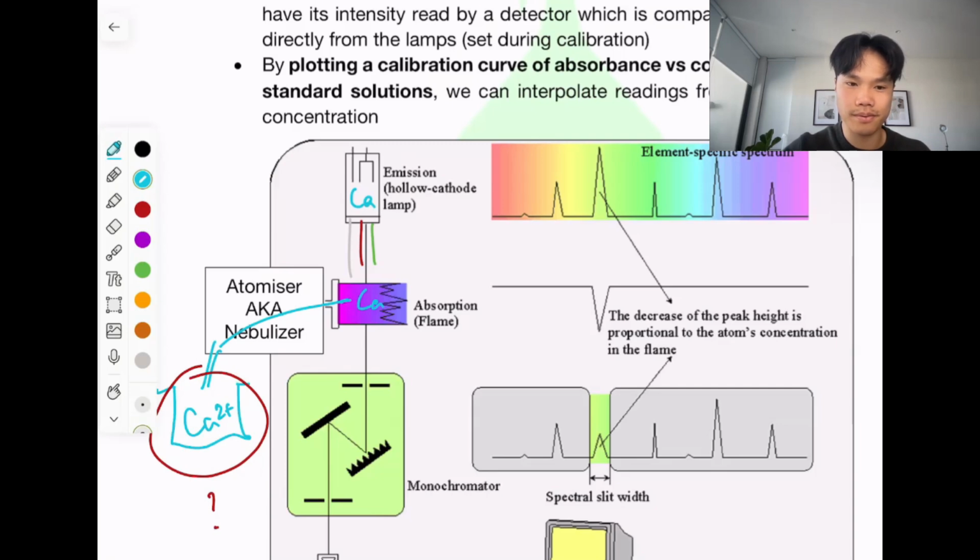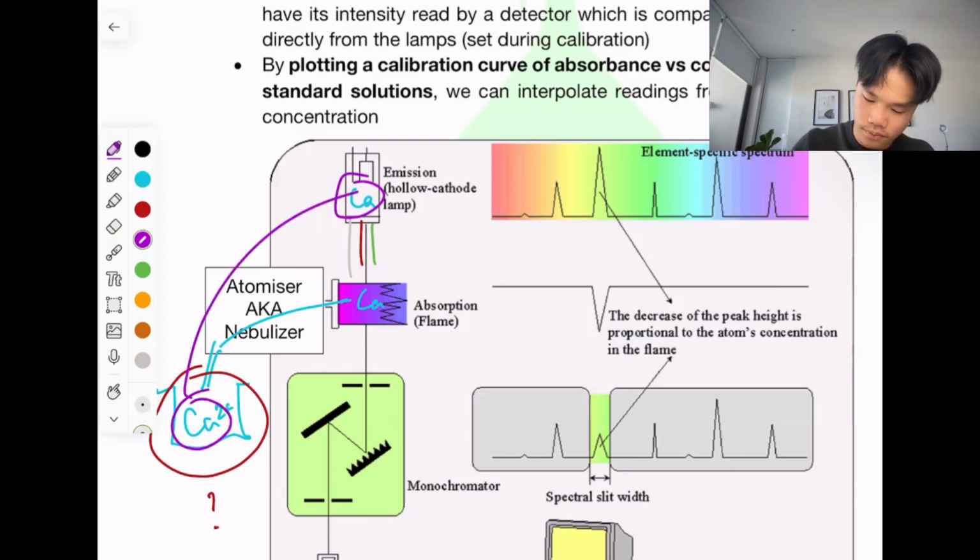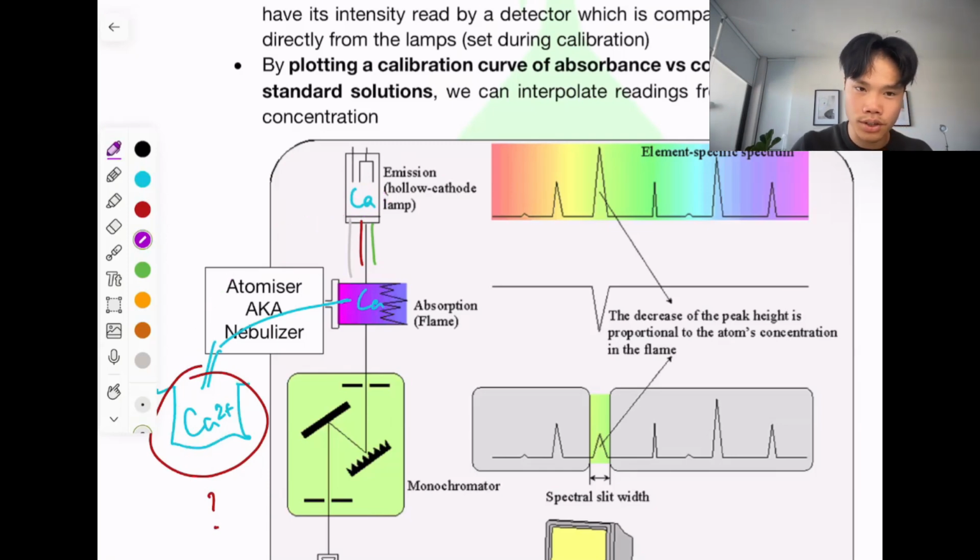Is that all of them? All of them, because the wavelengths that calcium emits match exactly the wavelengths that calcium would absorb. And this is the power of AAS. The wavelengths that you put through the sample specifically select the metal that you are trying to analyze, which is why we match the metal in the cathode lamp with the metal in solution. Does that make sense for everyone? Any questions there so far?